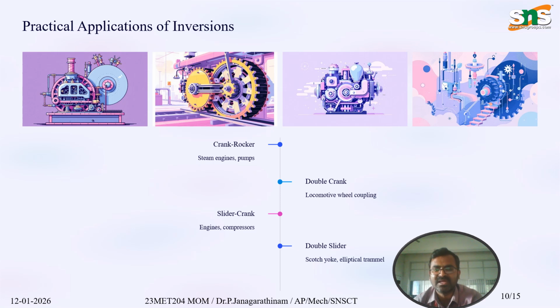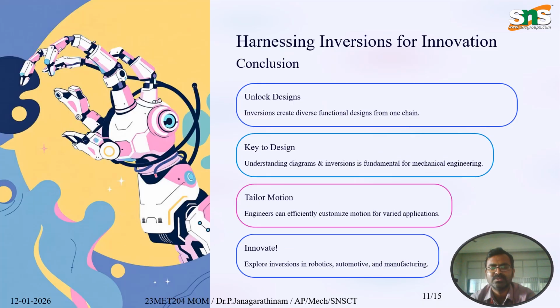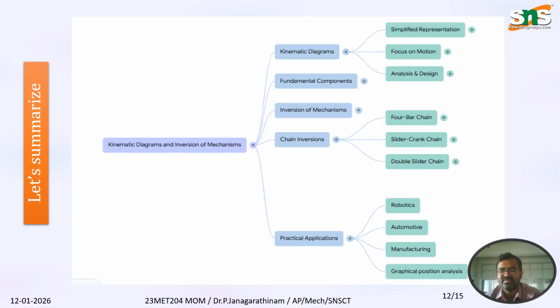Practical applications include the crank rocker, steam engine, pumps, engine compressor, locomotive wheel coupling, scotch yoke and elliptical trammel mechanisms. By harnessing inversions and understanding the diagrams, engineers can efficiently customize the motion and explore inversions in robotics, automotive and manufacturing.